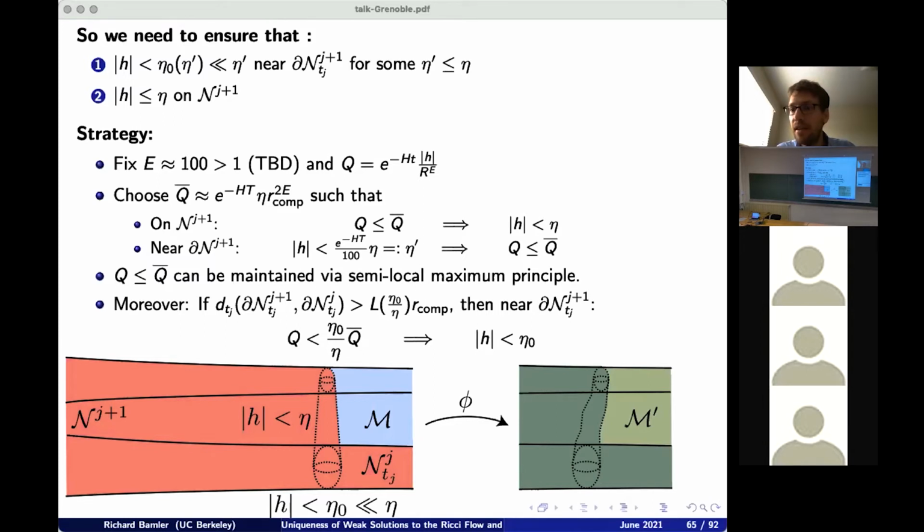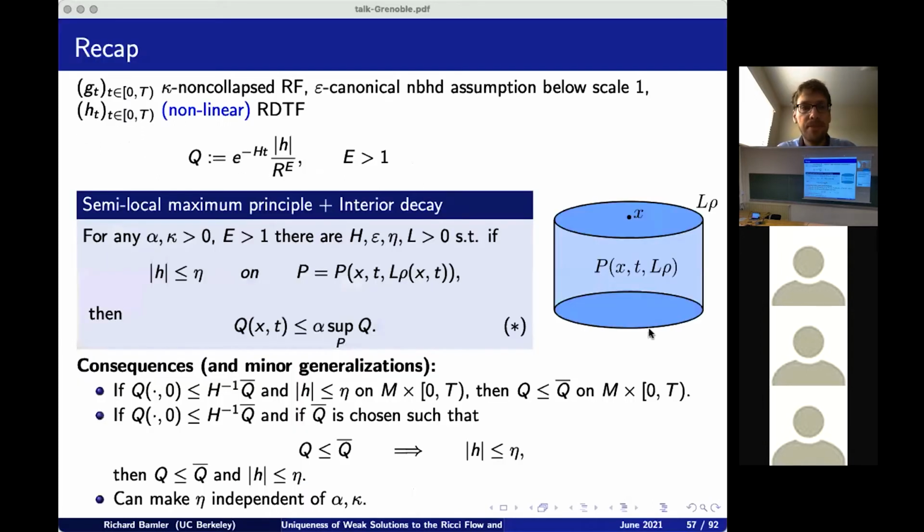Maybe I should have added a slide here. The semilocal maximum principle said that Q at the base point is bounded from above by some alpha times the supremum of Q over the parabolic neighborhood. And alpha could be chosen very small. If we choose alpha small, that may just mean that we have to choose L very large. So if you choose the parabolic neighborhood very large, then we can make alpha very small. So we can get an arbitrarily good improvement.